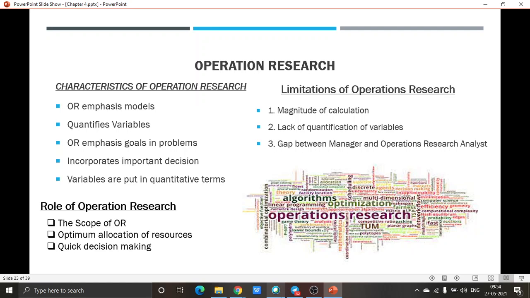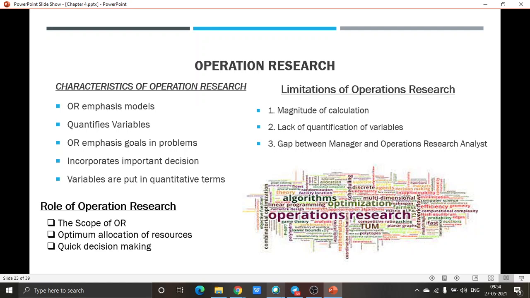So these are some of the characteristics. The list is not exhaustive. If you have your own idea or knowledge regarding the particular subject, you can always add, include, rearrange, or even make the particular answer better.